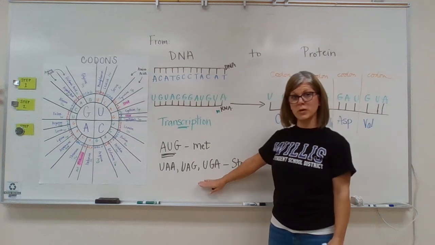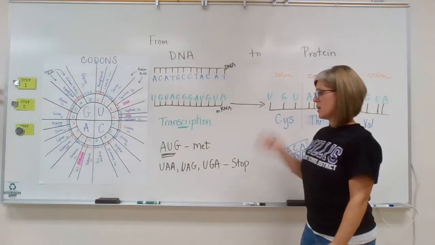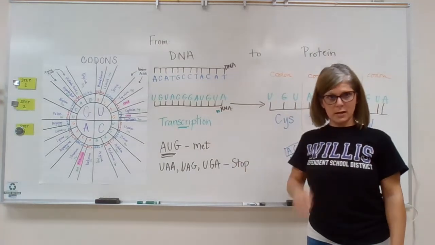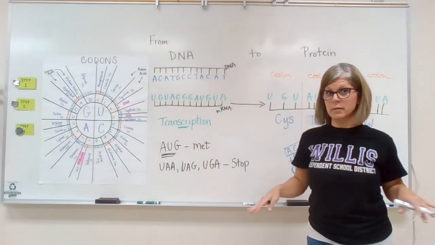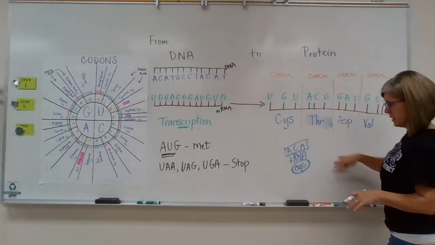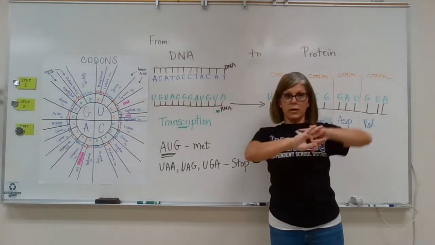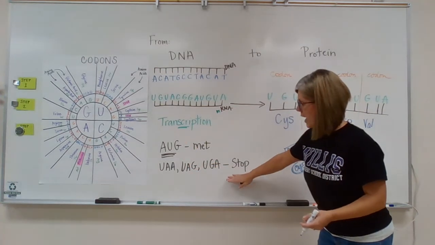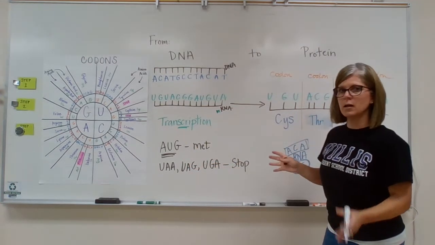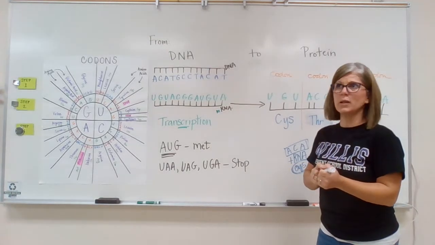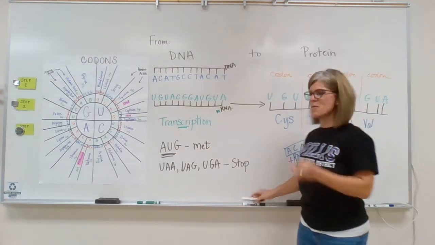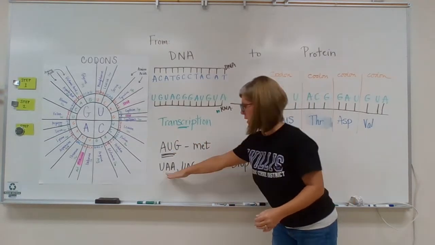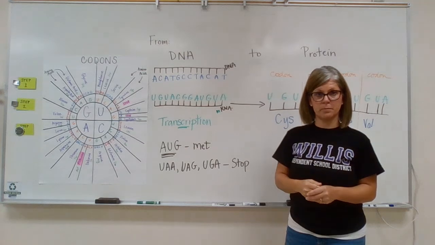When the ribosome reads those three, they know to stop. It can be any one of these three, but if those are read, the polypeptide chain's done. And so the amino acids will stop building. The ribosome will unhook. There's enzymes that come in and take care of this. And you now have a fully created polypeptide chain. Some of them are really long. Some of them are very small. But they'll all start with AUG and they'll end with one of these.